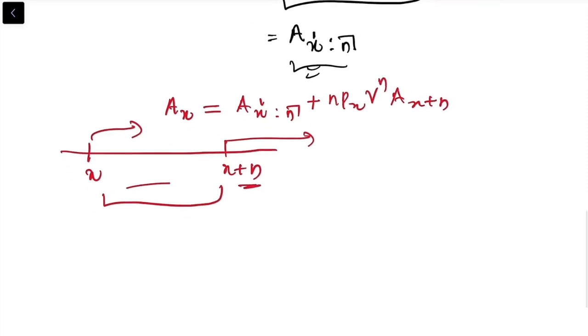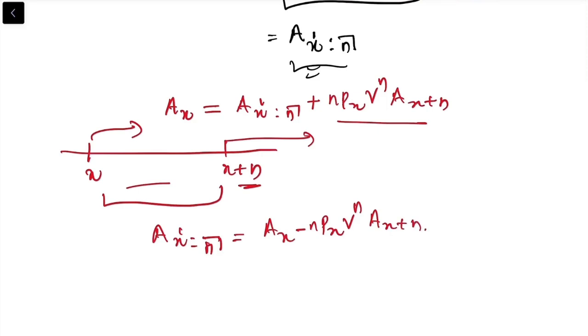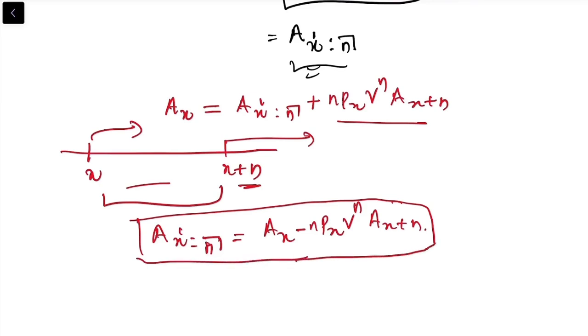Now if you bring this term to the left side, you will get A^1_x:n equals A_x minus _np_x v^n A_(x+n), right? So you can directly get this answer from the general reasoning. All right.